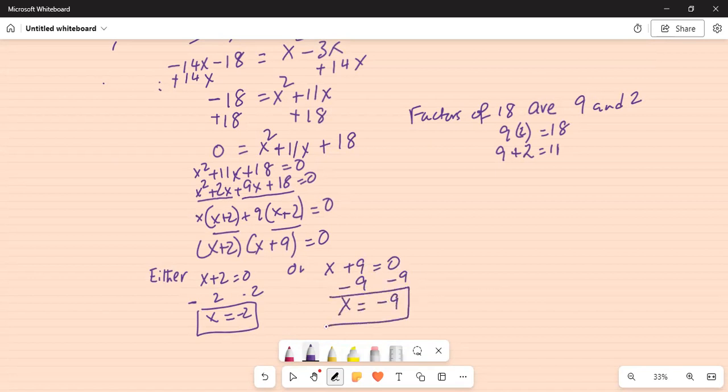So the two possible solutions are minus 2 and, sorry, it should be written the other way around, because minus 9 is smaller than minus 2. So the smaller number first: minus 9, comma, minus 2 are the solutions.